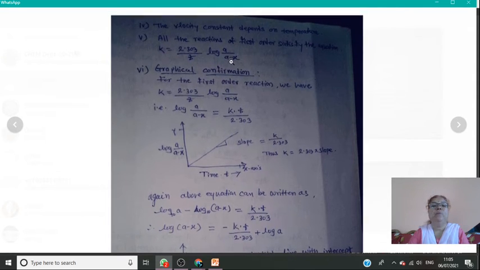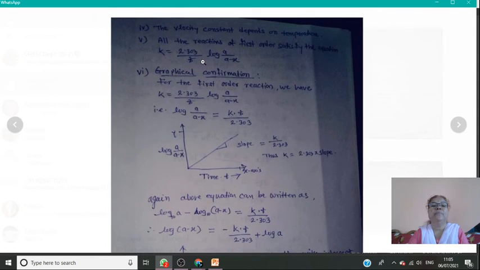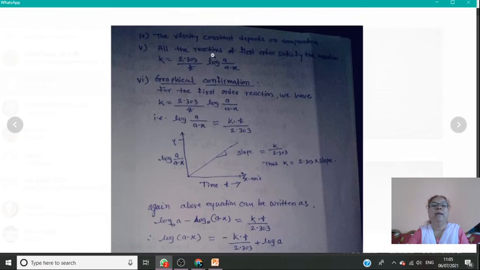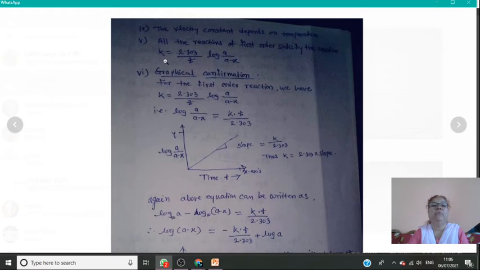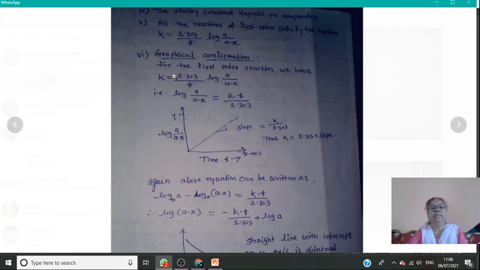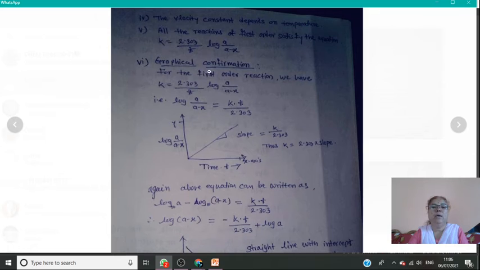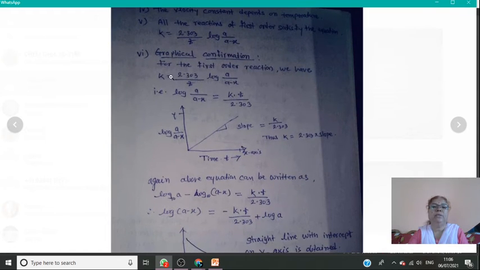Putting the various values of a and a minus x and time, we can calculate different values of K. Remember that in case of first order reaction, all the velocity constants K have the same, constant value.